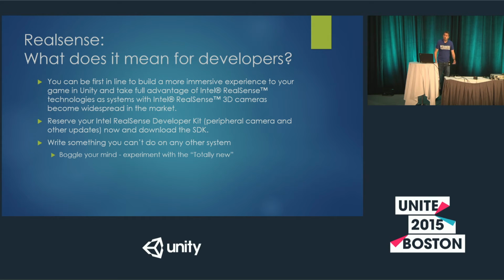And so for developers, what does this mean? I think it gives you an opportunity to differentiate your app. Intel is working hard to build this hardware small. It was demoed in a mobile phone at the Intel Developer Forum this year. So you're going to see this technology in laptop form factors. This laptop I have up here today is a Lenovo Yoga 15, and it has a RealSense camera built into the front-facing camera.